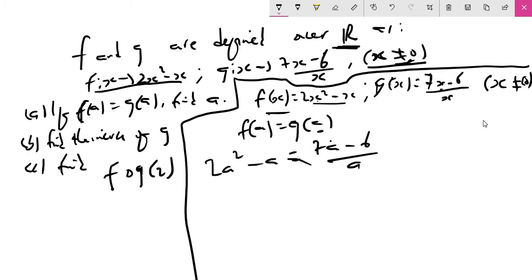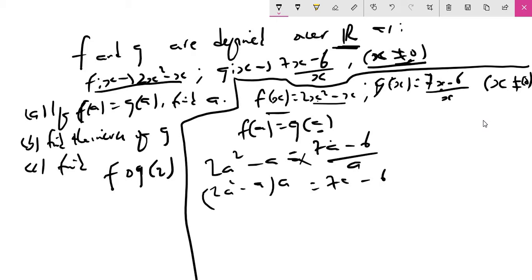We can first multiply through to get 2a squared minus a, all times a, equals 7a minus 6. Okay, that is one way of doing this.